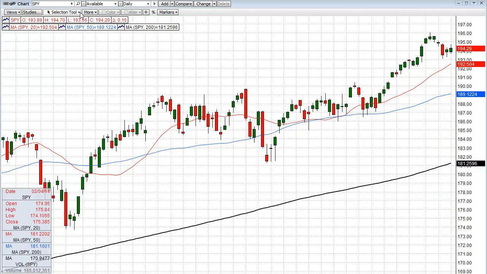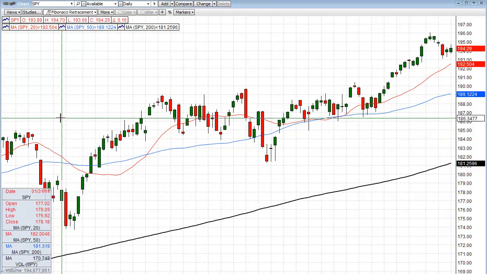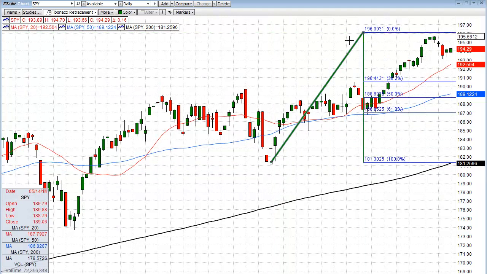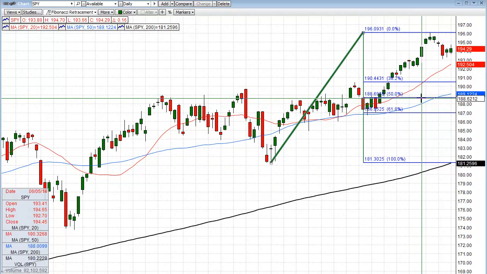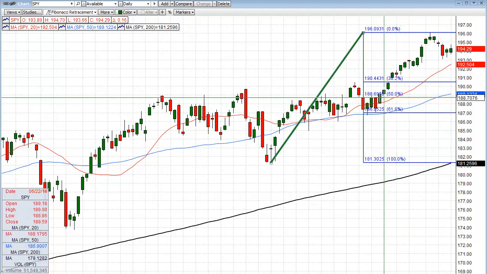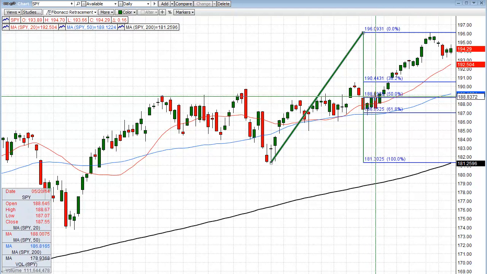And let's take a look at a third. If we take a Fibonacci retracement from this low here to this high here, okay, where does 189, 188.5 to 189 bring us? 50% retracement, 188.69 or 188.70 is what it is.